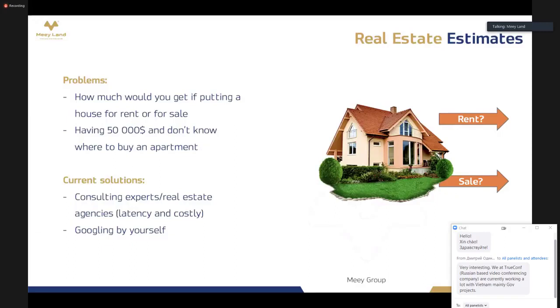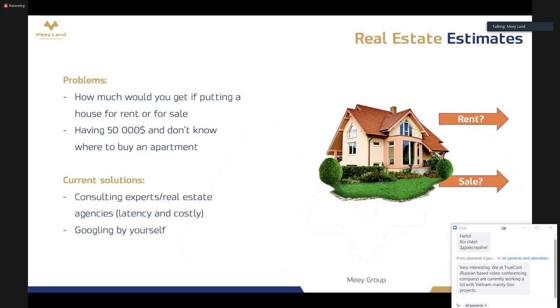The classical way to answer that question is to consult some experts or go to a real estate agency, give detailed information about your house, wait for 1 or 2 days, and then you get the rental price and the sale price.